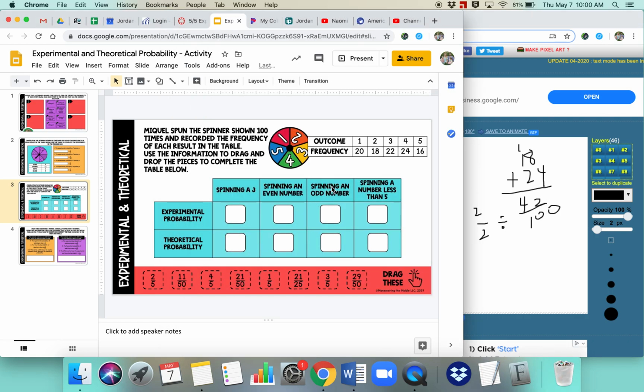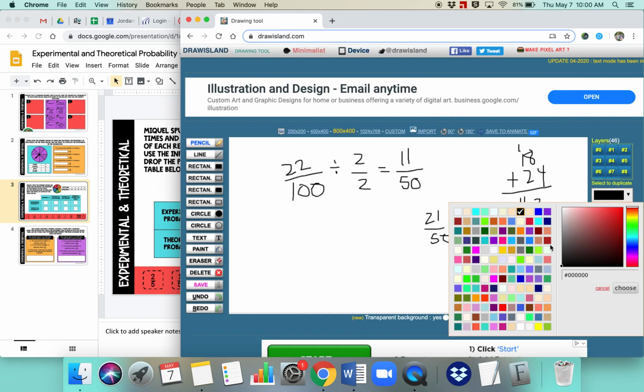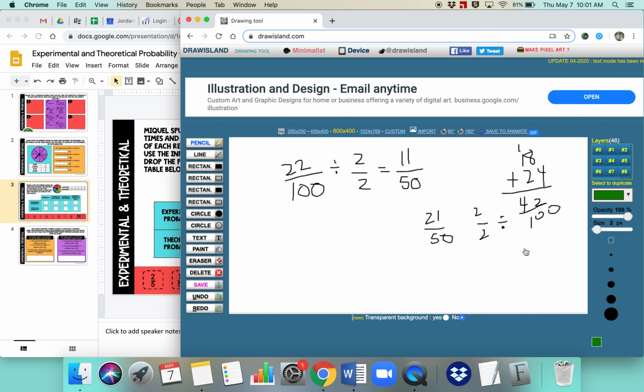An odd number. Now those are all the other numbers. Because we already have the total for even, we don't have to do all this math for odd. All we have to do, since there were 100 spins, is take 100 and subtract the even numbers. So there were 42 even spins. So now what's 100 minus 42? Well, the 10 becomes 9, and we get 58.